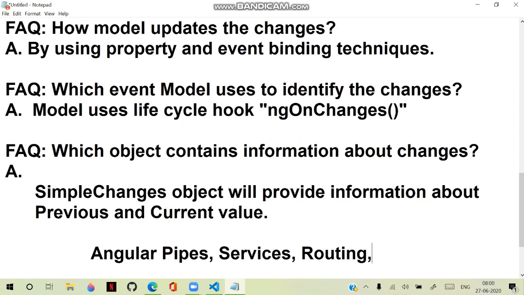Initially, this is about components. In the next session, we will discuss Angular pipes, what they are, and how to work with them. Some changes happened in Angular 9 and some new pipes were introduced. We have to learn about them. So Monday, we will discuss this.